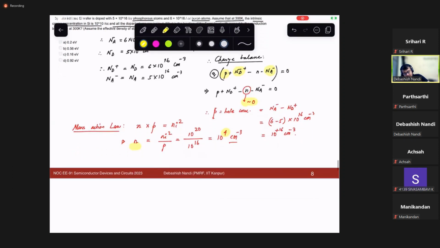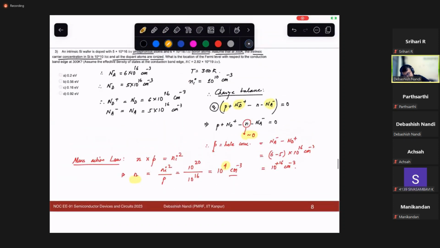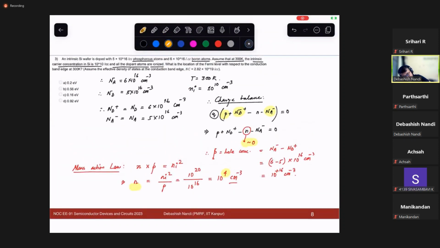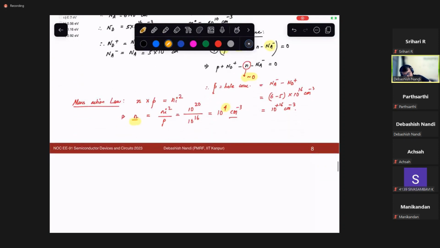So now you have your n. What was asked to be found? The location of the Fermi level with respect to the conduction band edge. So we will consider the formula for n to calculate this.